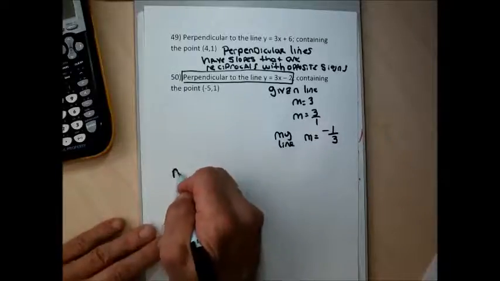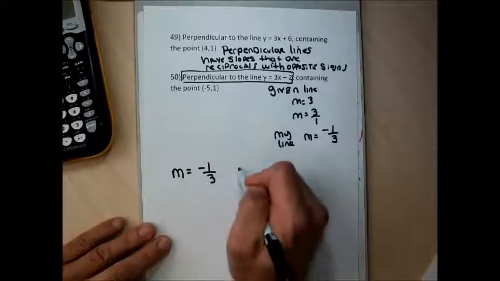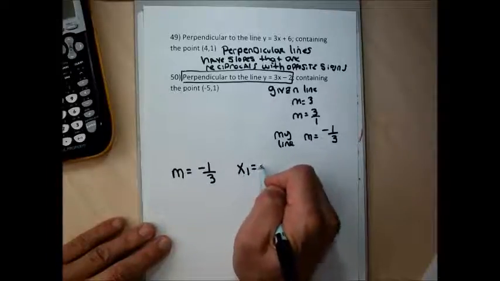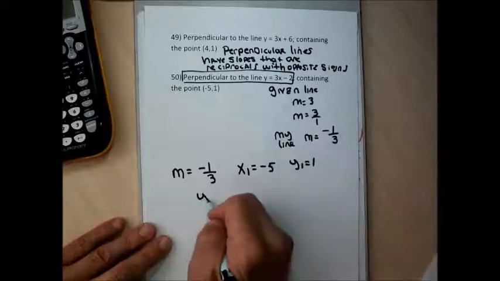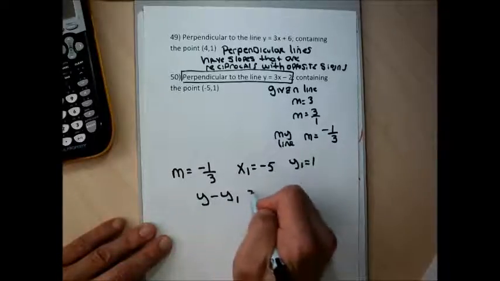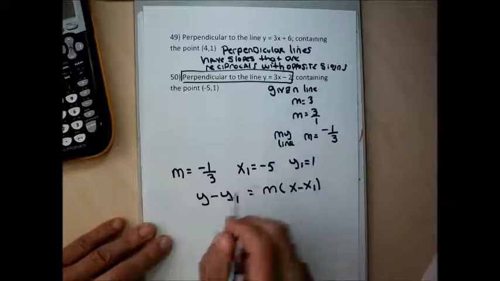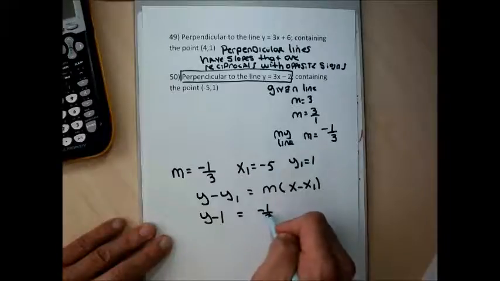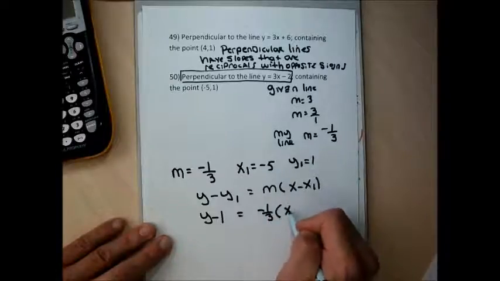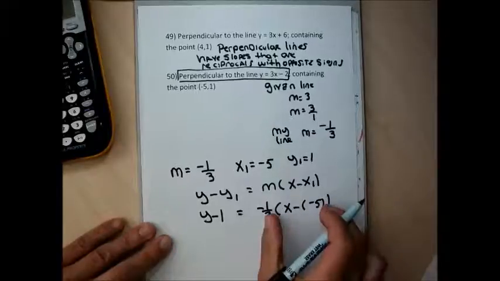So now for my equation, my slope is going to be negative 1/3. My x1 is going to be negative 5. My y1 is going to be 1. And I'm going to go y minus y1 equals m times x minus x1. This is going to give me y minus 1 equals negative 1/3 times x minus a negative 5. This double negative goes positive.